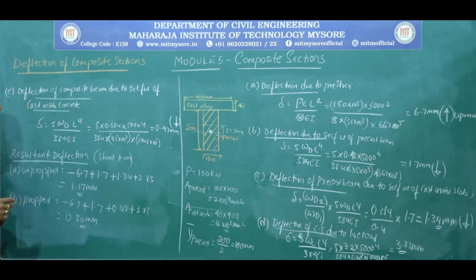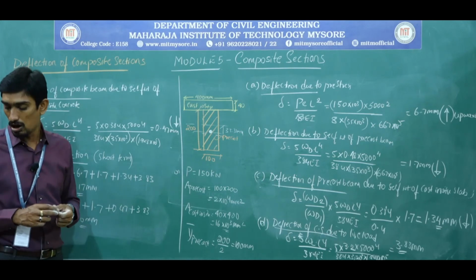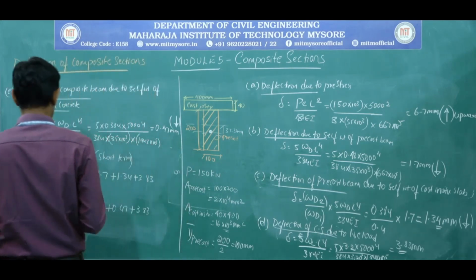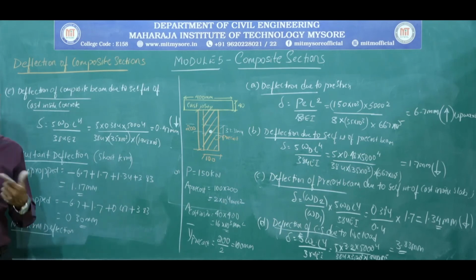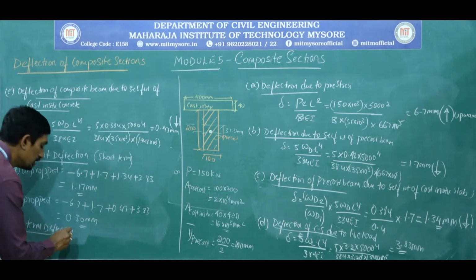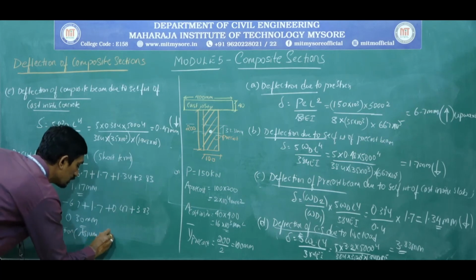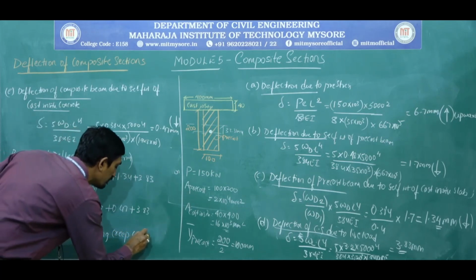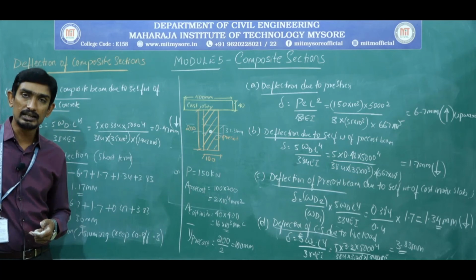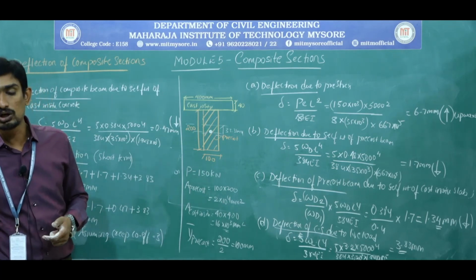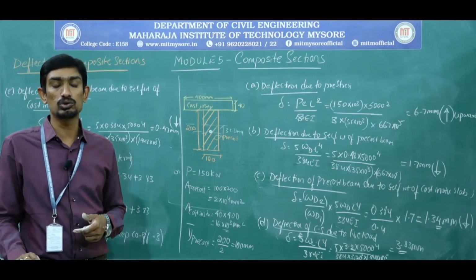Fine. So this is regarding the short term. For example, if you want to calculate the long-term deflection by considering creep effect, and they give a creep coefficient of 3, or you can assume it, this creep coefficient is there in the 1980 IS 1343 code and also the 2012 code.